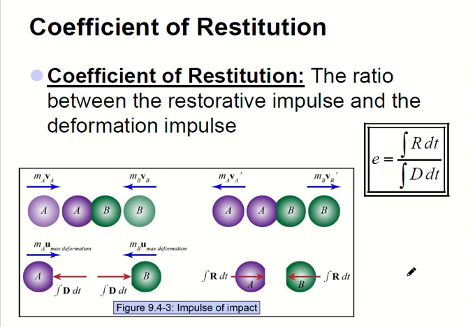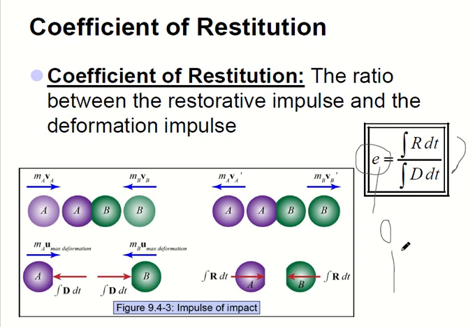Coefficient of restitution is the ratio between the restorative impulse and the deformation impulse. When you calculate the ratio of that, you are able to calculate this e number, 0 for elastic and 1 for inelastic.